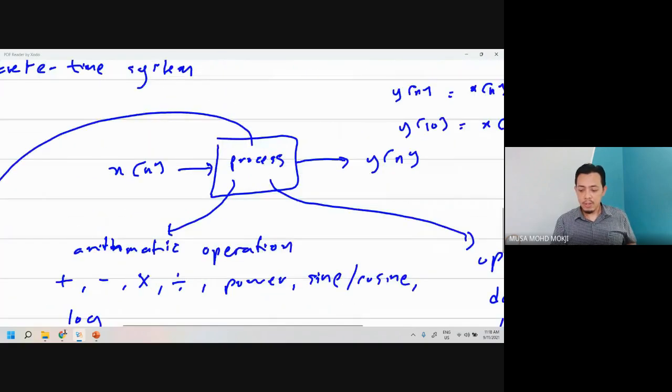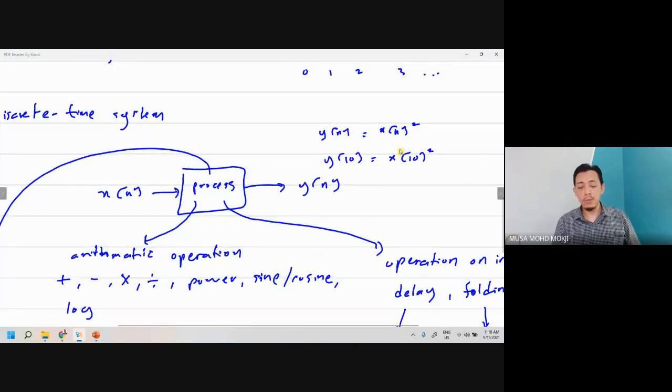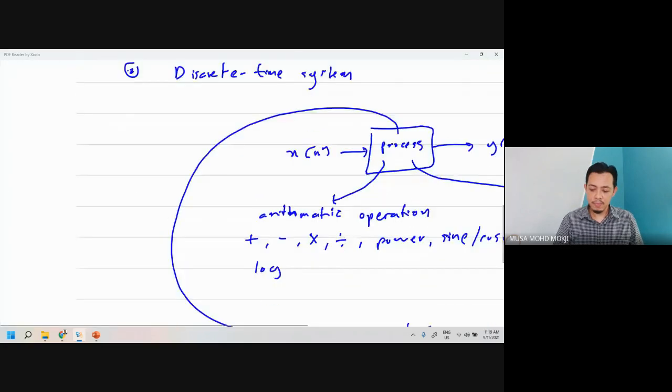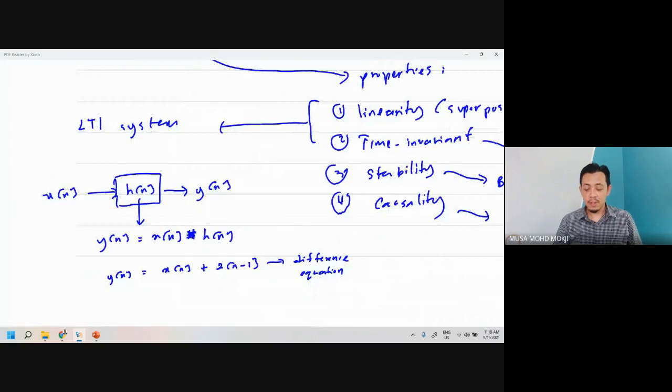This one, there is no name. It's just an equation representing a system, and this is not linear. This is time invariant, but it's not linear. So this equation is just representing a discrete time system. There's no name for it. But for an LTI system there is a name for it. When the system is an LTI system, that equation we call a difference equation.